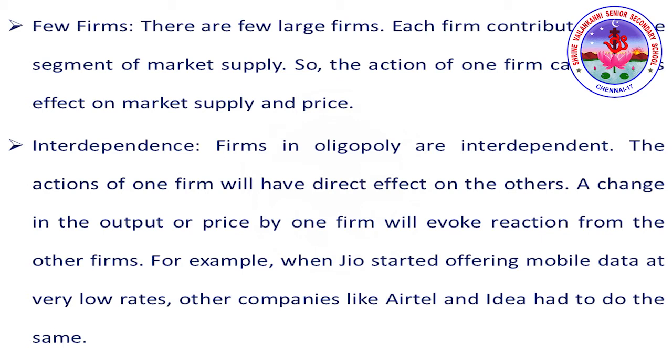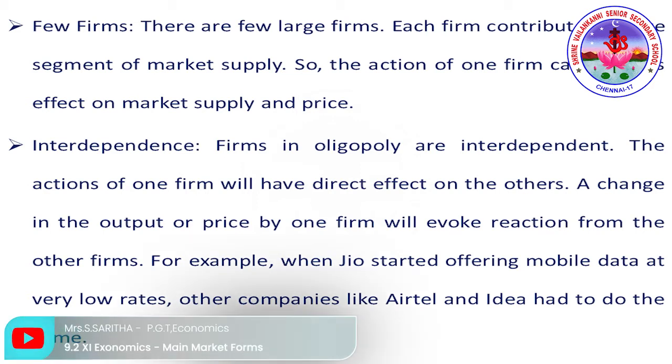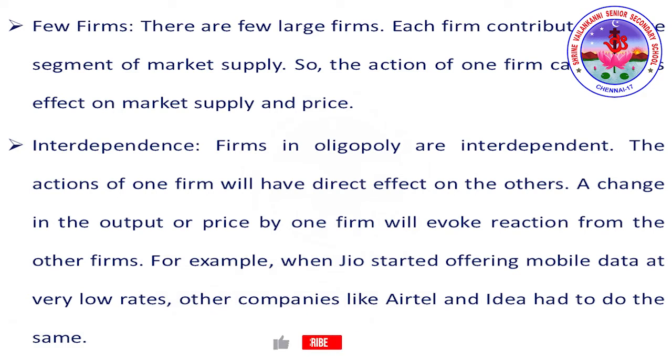Interdependence. Firms in oligopoly are interdependent. The action of one firm will have a direct effect on the others. So a change in the output or price by one firm will evoke a reaction from the other firms. For example, when Jio started offering mobile data at very low rates, the other companies like Airtel and Idea had to do the same.